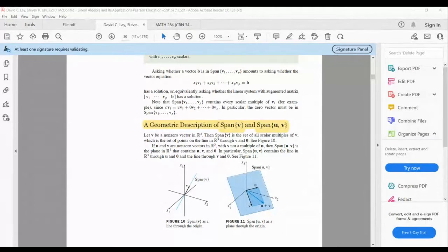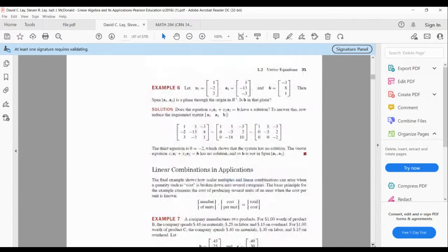All right, well, let's look at one more example here then. One moment. All right, let's see here. So let's look at example 6.